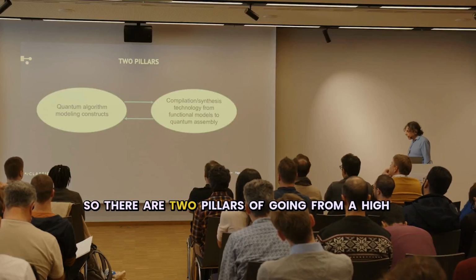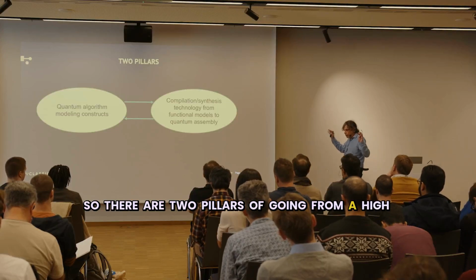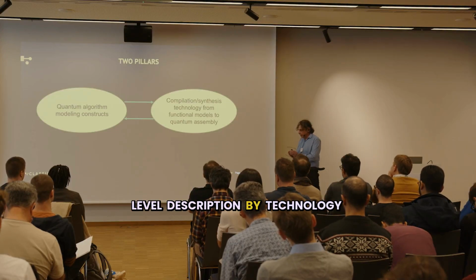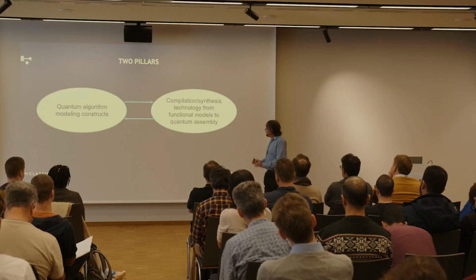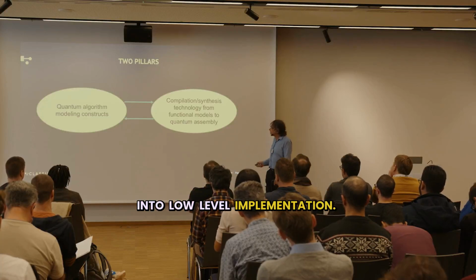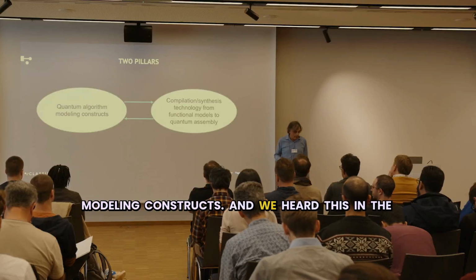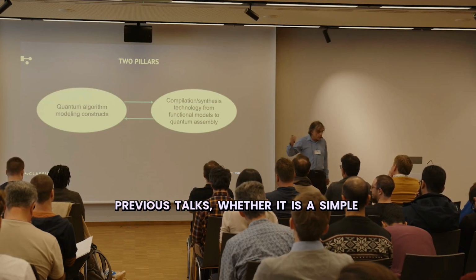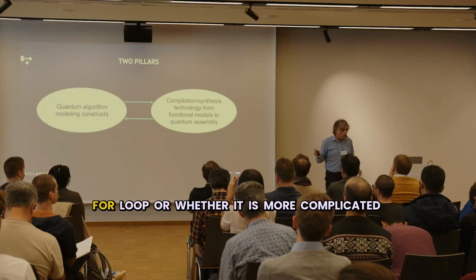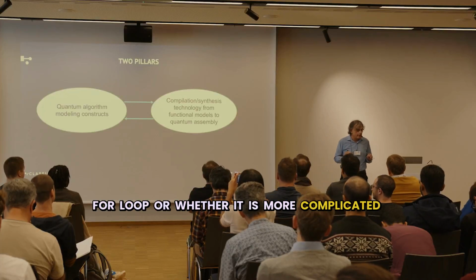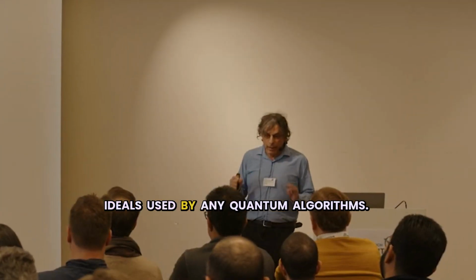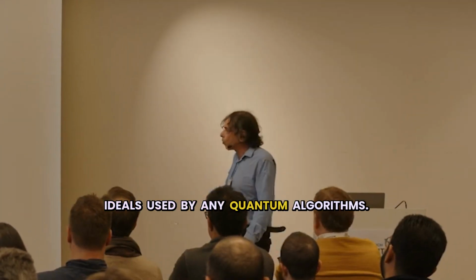So there are two pillars of going from a high-level description by technology into low-level implementation. First, we really need to identify the modeling constructs, and we heard this in the previous talks, whether it is a simple for loop or more complicated idioms used by quantum algorithms.